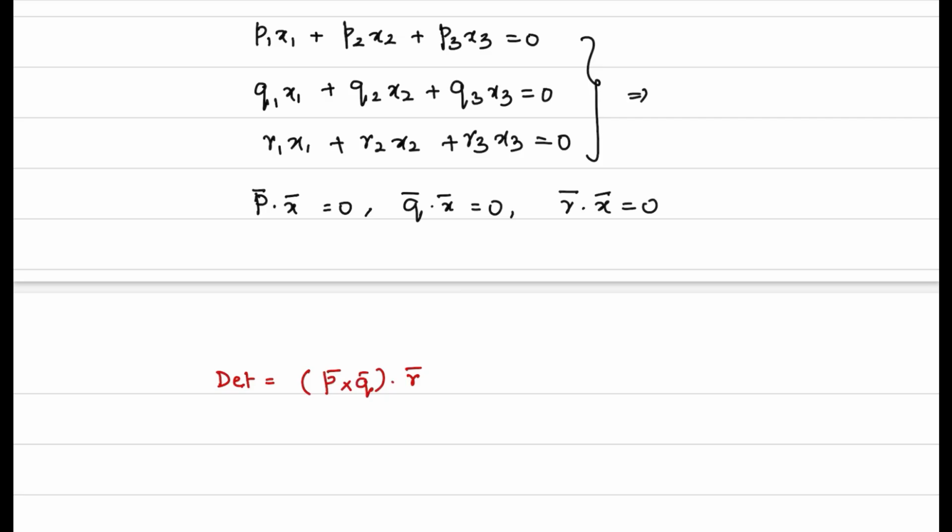P cross Q is a vector product, dot R. This is equal to the determinant of this particular matrix P1, P2, P3, Q1, Q2, Q3 and R1, R2, R3.